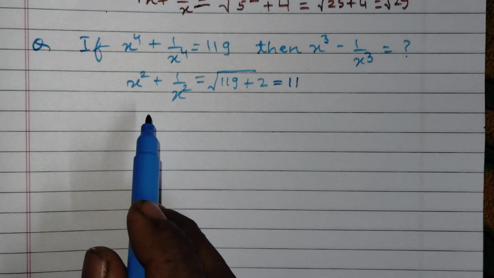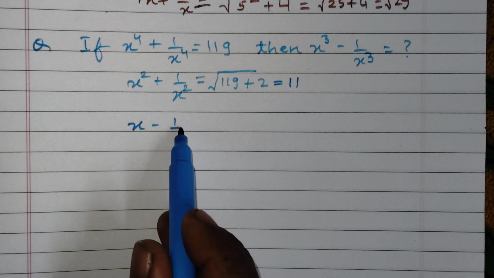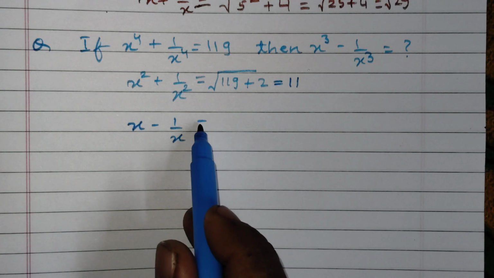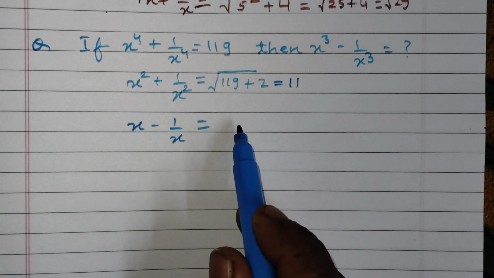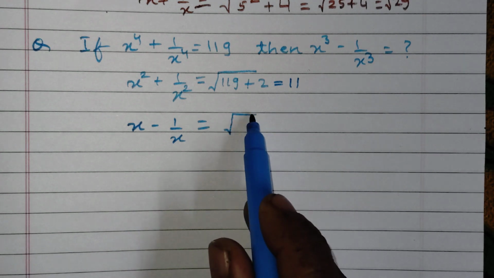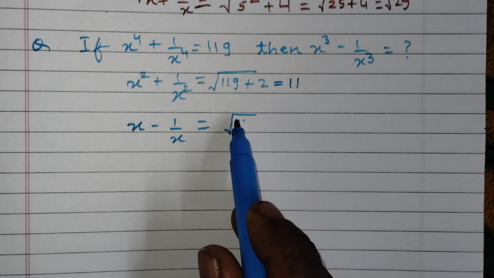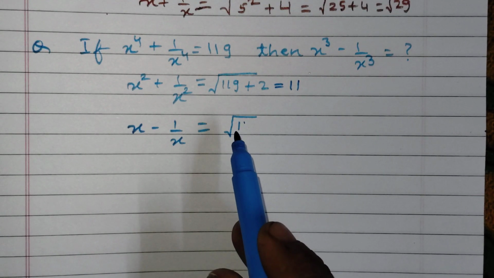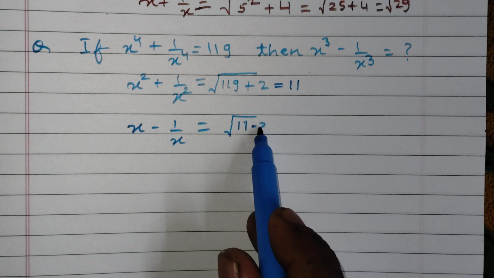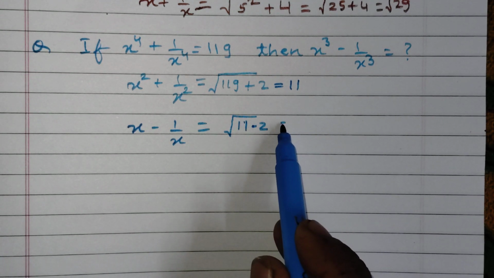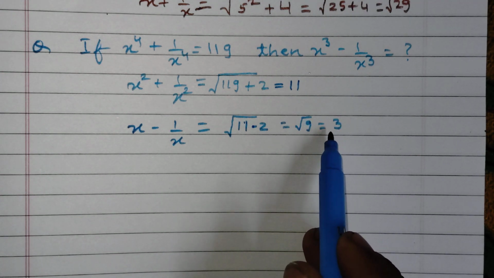After getting x square plus 1 upon x square, next we find x minus 1 upon x. So there is plus, we are making minus sign. So in a square root we write 11 minus 2. So it gives us square root 9, that means plus minus 3.